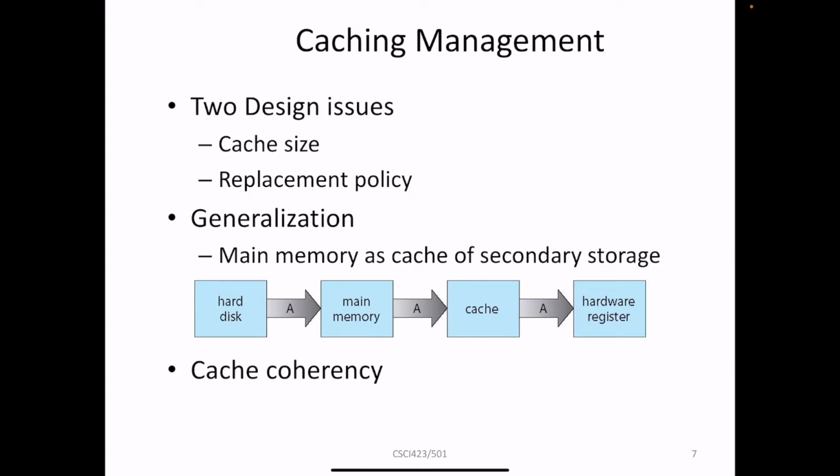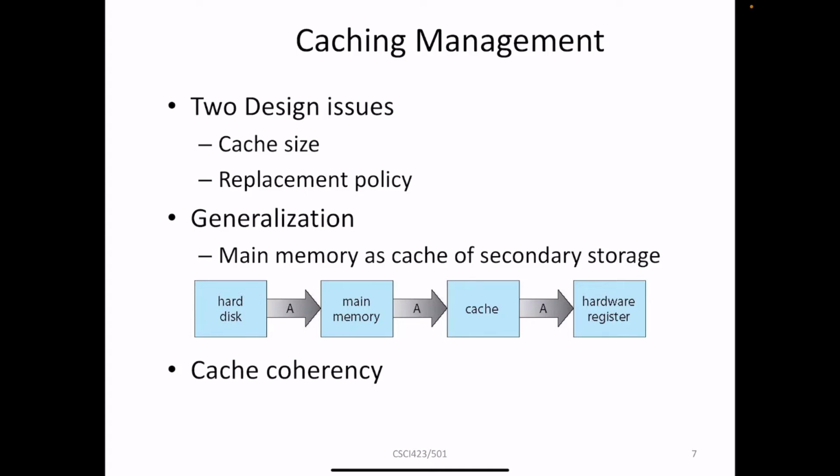Multiple processors try to cache the same data, and some processors may update the data. However, the updated data may not be updated in all the caches, which causes the cache coherency problem.